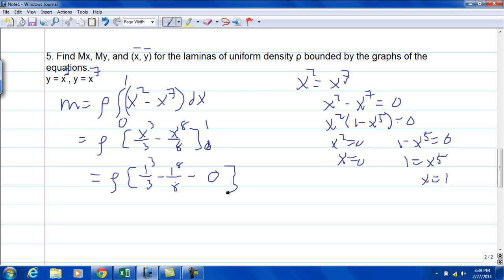So what we're looking at is 1/3 minus 1/8. Common denominator is 24, so it's going to be 8/24 minus 3/24, so that means we're going to have rho times 8 minus 3 is 5. It's 5/24.